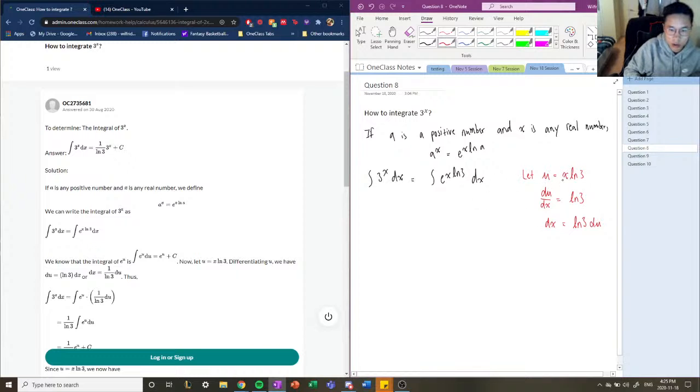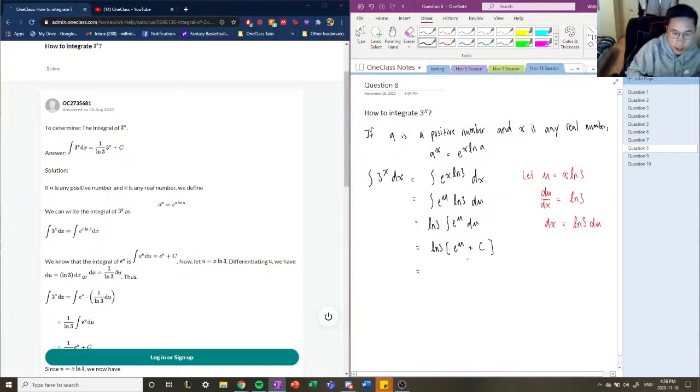So we're going to sub u into our original equation here. If we sub in u and we sub in dx, we get e to the u times ln 3 du. Okay, we can take out this constant ln 3, and all we're left with is e to the u du. And this equals ln 3 times e to the u plus c.